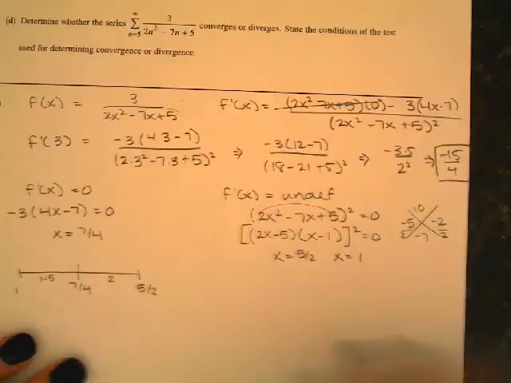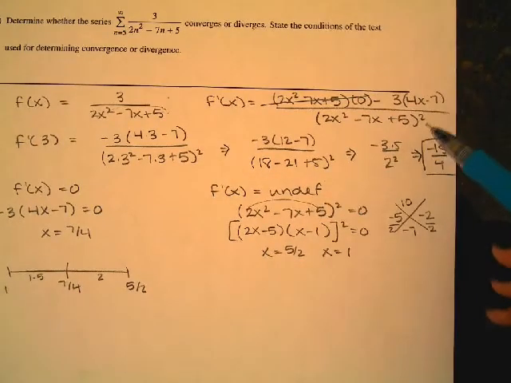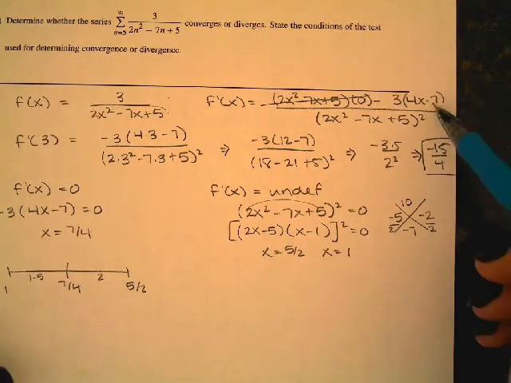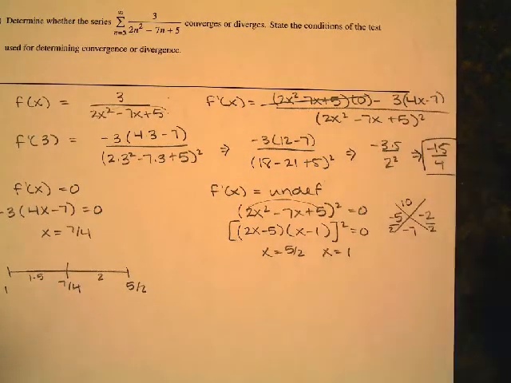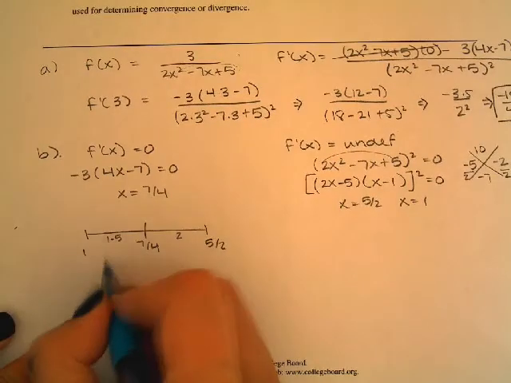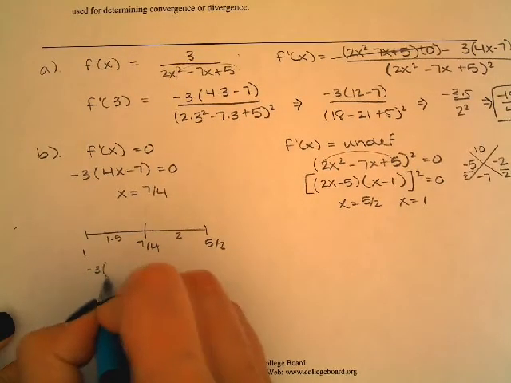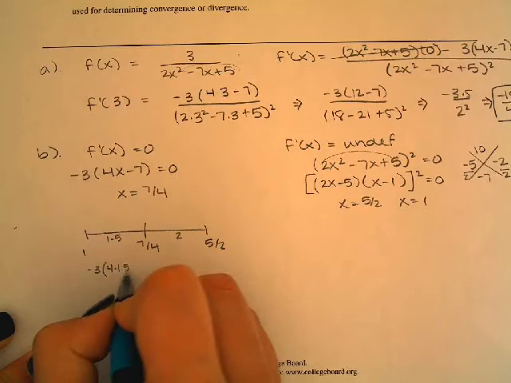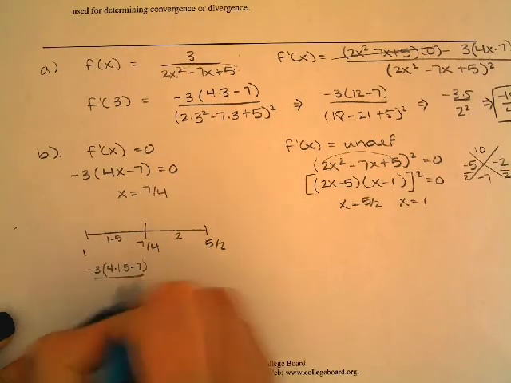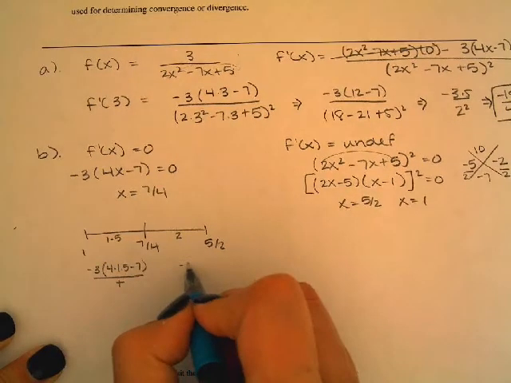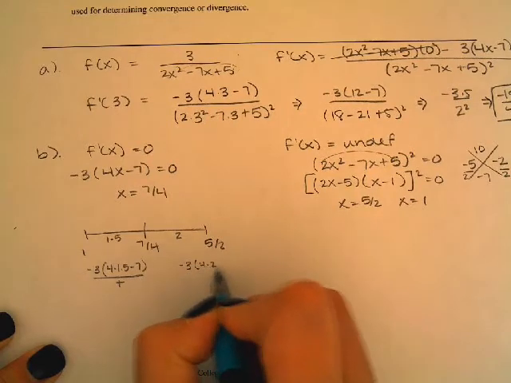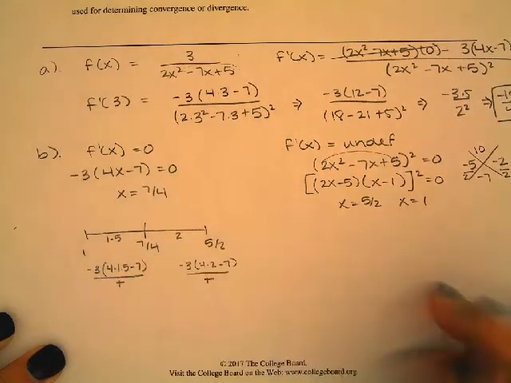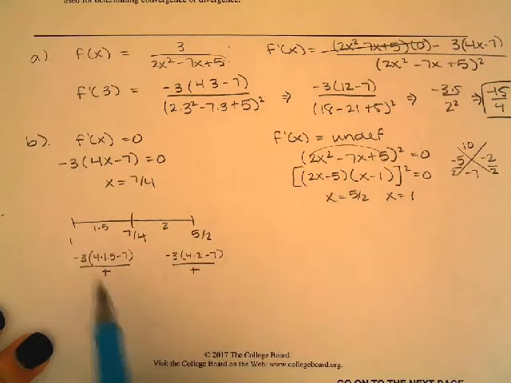So if I think about the derivative, the bottom is squared. So no matter what I plug in on the bottom, it's going to be a positive answer. So that means that all that matters is what I plug into the top. So here I'm going to say -3, and then I've got 4 times 1.5 minus 7 over positive. And over here I've got 4 times 2 minus 7 over a positive number. 4 times 1.5 is 6. 6 minus 7 is -1.